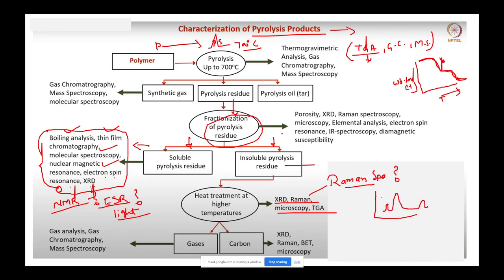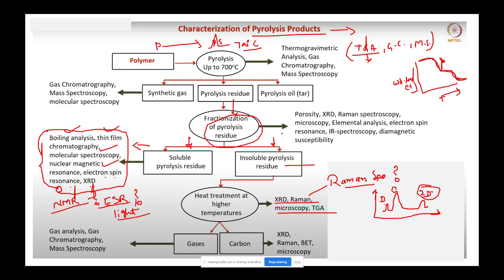It is an extension of IR spectroscopy, where we have Stokes and anti-Stokes lines. Here you will get some wave numbers and also D, G, and 2D peaks. So if your material is graphitic, then you can do Raman spectroscopy and TGA.